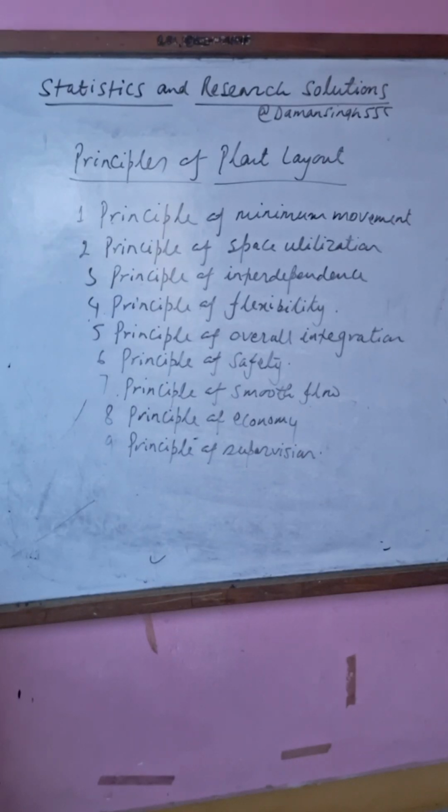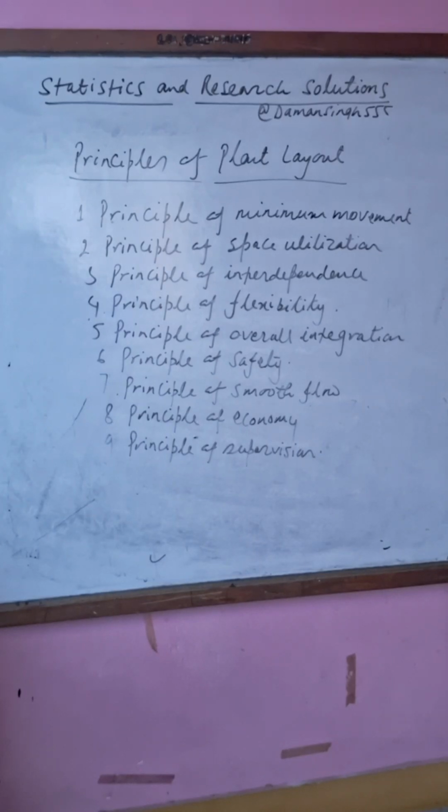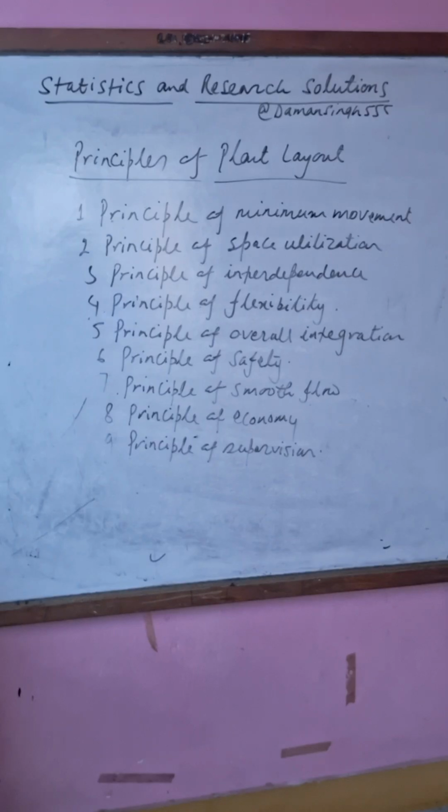Principle of economy. So economy is mainly concerned with each and everything being properly utilized, and there is no misuse, there is no damage, and there is very low cost of production during the manufacturing process.